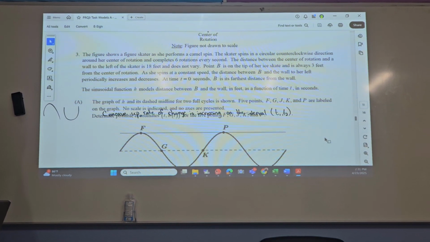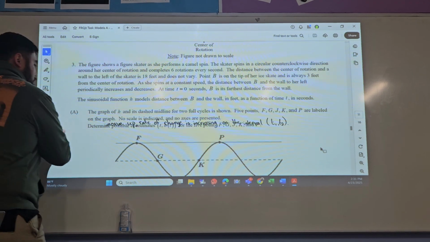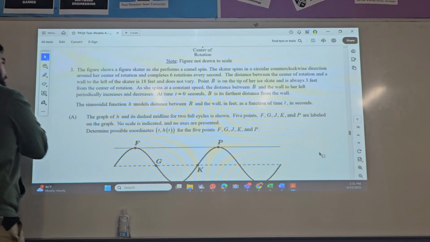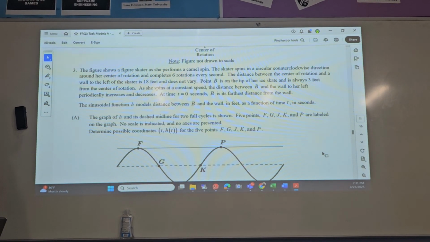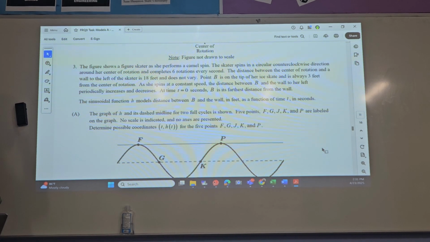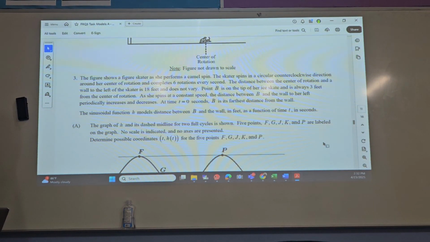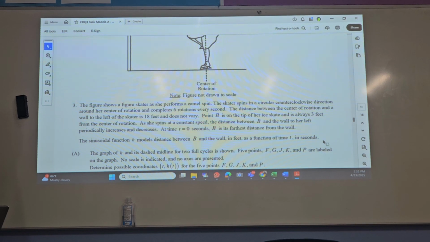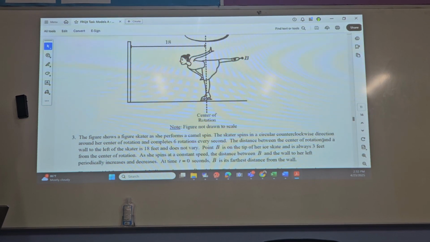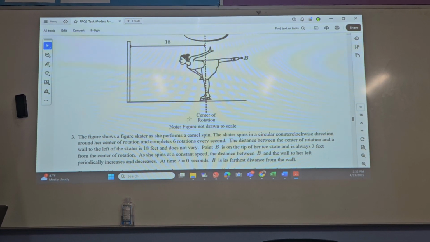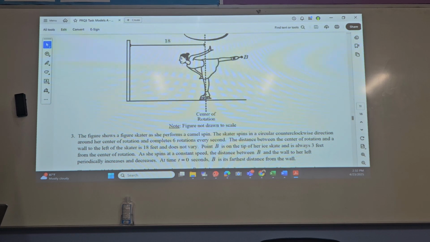So if I may, erase this. According to this, the figure skater is doing rotations, and from the wall to the center of rotation, it's about 18 feet.